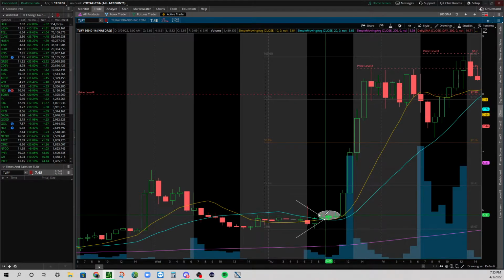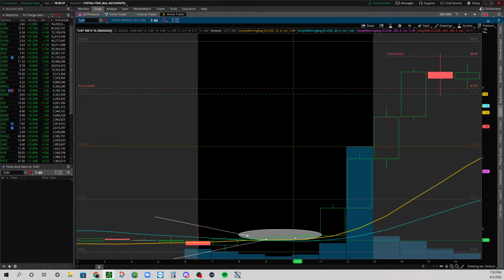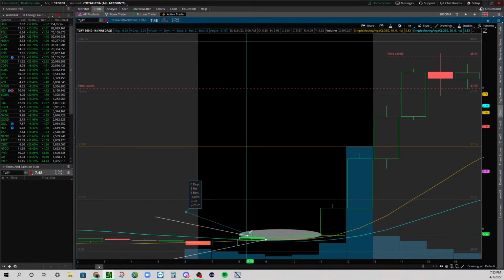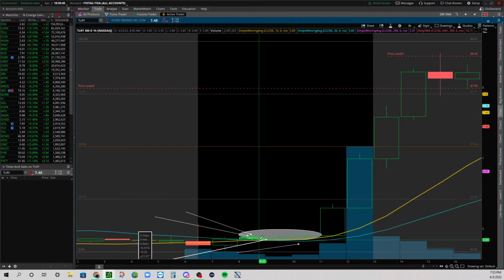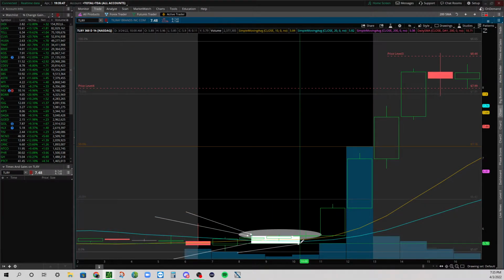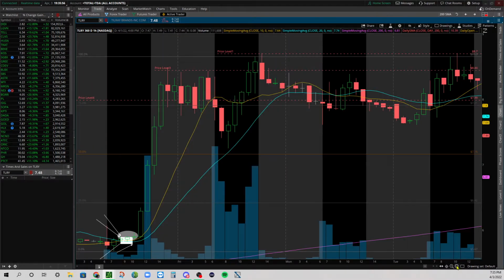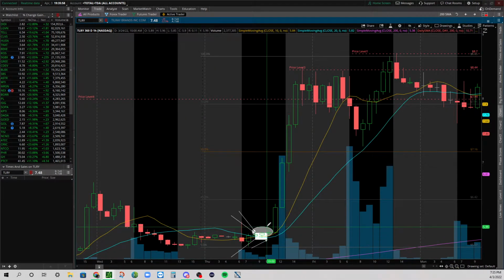Let's say right here, this setup right here. You took the trade to go long here and then it failed, the candle closed below the 10 and 20. That's it. You just switch your trade or wait for the 10 SMA to confirm to the downside, if you really want to wait, right? Sometimes the stock can really run before you even confirm.